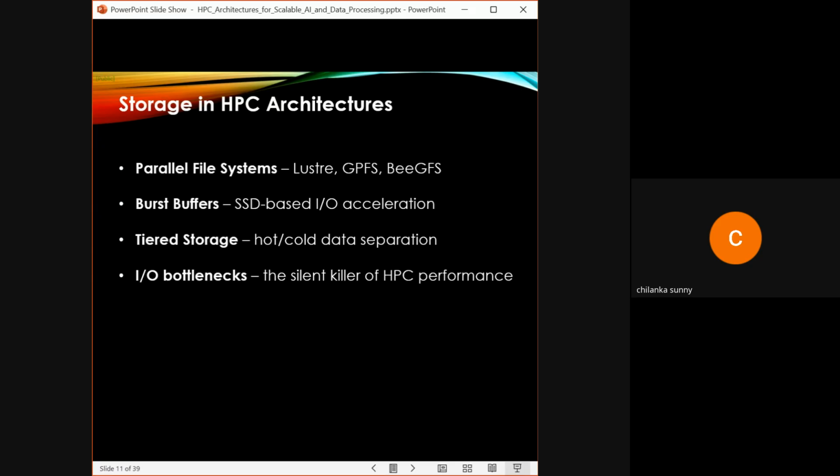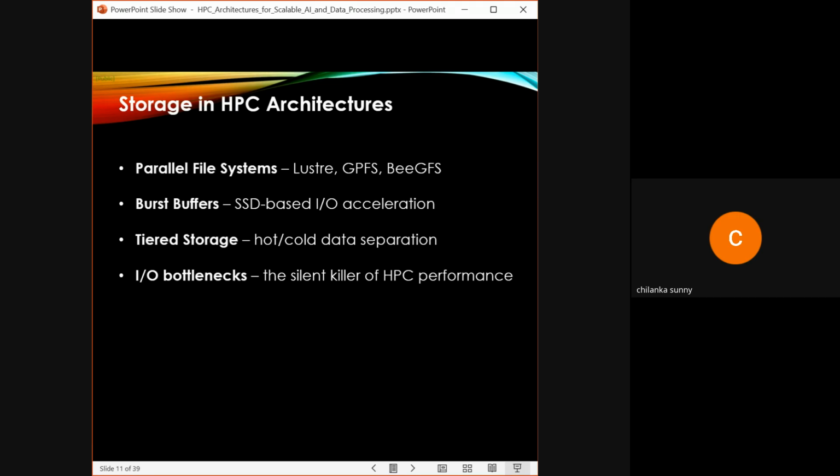And to reduce the I/O latency, many systems also deploy burst buffers, which is an SSD-based storage layer that acts as a fast intermediary between compute nodes and the slower parallel file system. So this is especially useful for checkpointing or capturing short-term high-volume outputs.